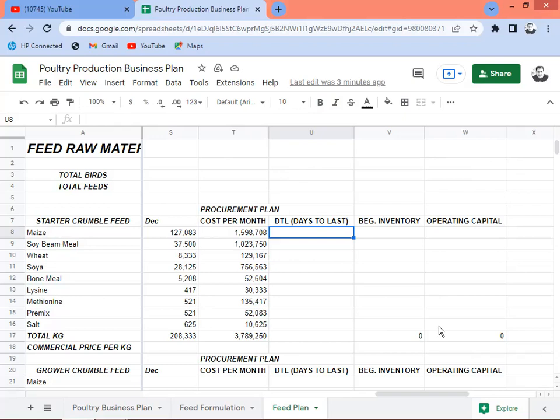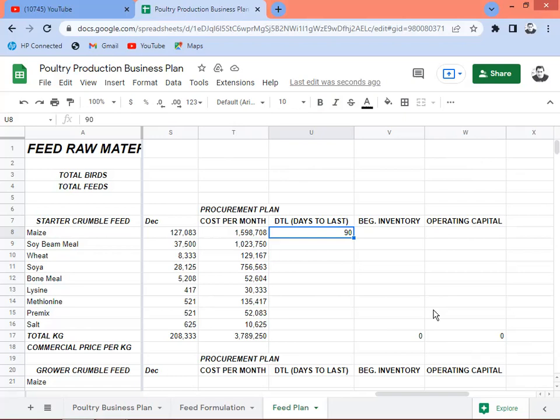You need some time. You need to prepare for the days to last, for you to be able to come up with your inventory. So for example, for the maize you need 90 days. You have to have a stock of 90 days in your inventory, because you need time to procure materials from overseas.